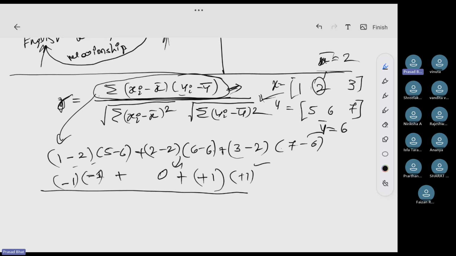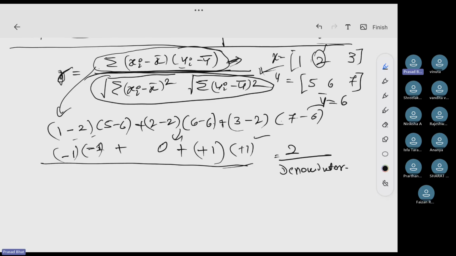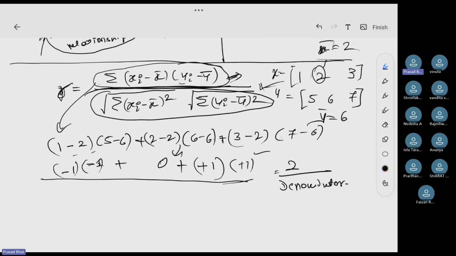So these are going to be 1 plus 1 is equal to 2 divided by the denominator, whatever it is. Let me write it as denominator, because I don't want you to miss that part. However, if the y values were something like 7, 6, 5, what happens?